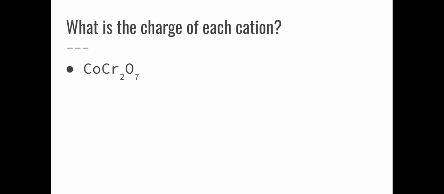I'm now going to randomly select a volunteer from our class to answer those 2 questions. Question 1, what is the name of Cr2O7? And question 2, what is the charge of Cr2O7? Random volunteer, Alessandro.